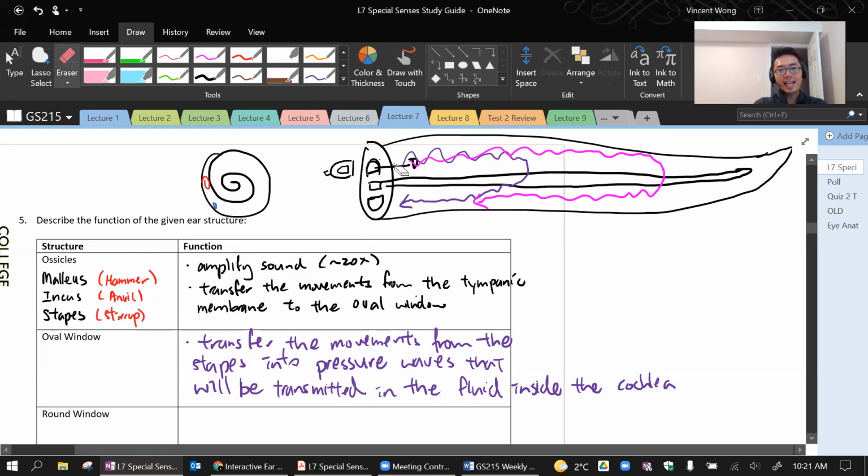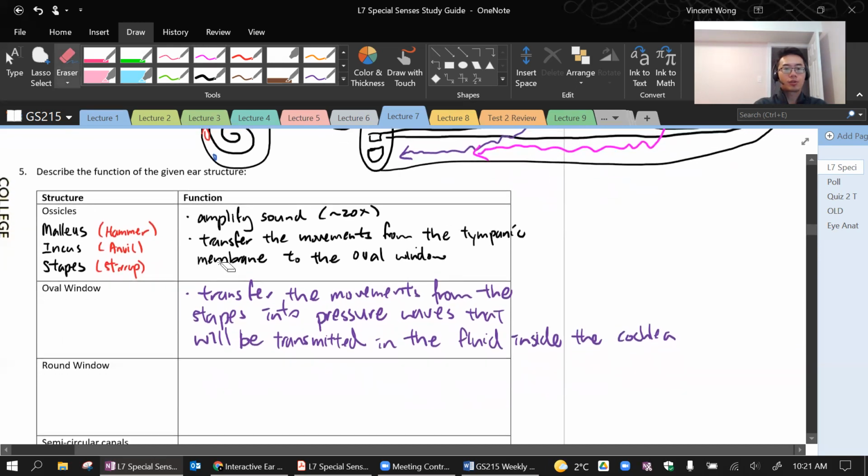So when the stapes presses in on the oval window, the round window will bulge out to accommodate that extra pressure. When the stapes goes back out, the round window will go back in. These two windows move in opposite directions to ensure there's no excess pressure building up on the inside. So, what does the round window do?